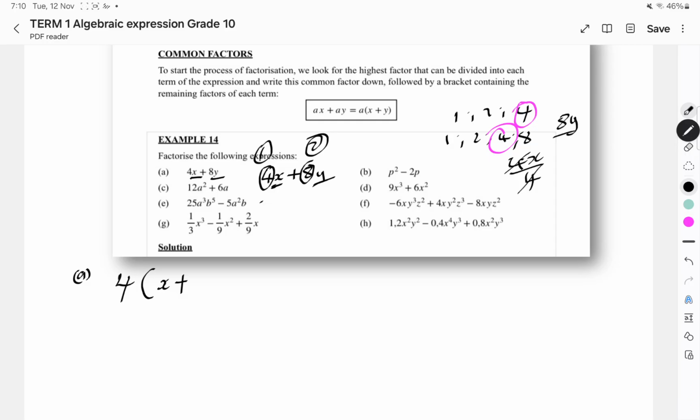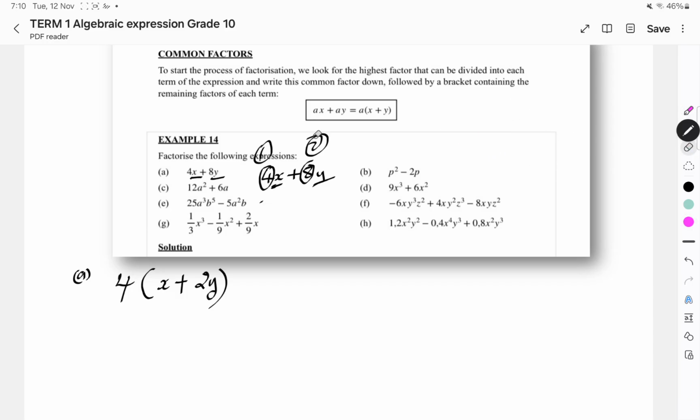Then 8y divided by 4 will be 2y. Remember, when you do this backwards, it must give you back the question. 4 times this, it's 4x. 4 times that, it's 8y. Then you know that you are indeed correct. Are we clear on that one?